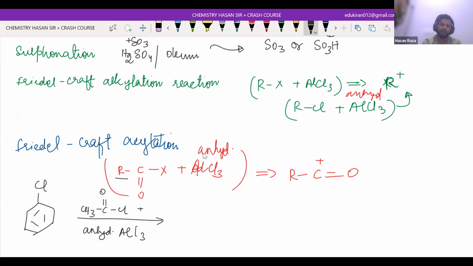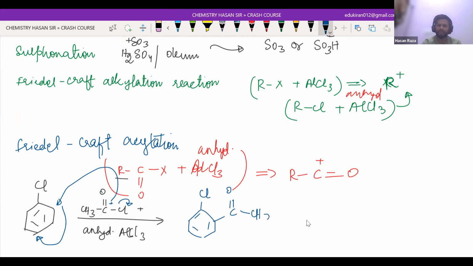So what will happen here? You know that there will be formation of this positive species, and it will attack directly on ortho as well as para. You can easily see, first it will form the ketone, C double bond O CH3, at ortho.